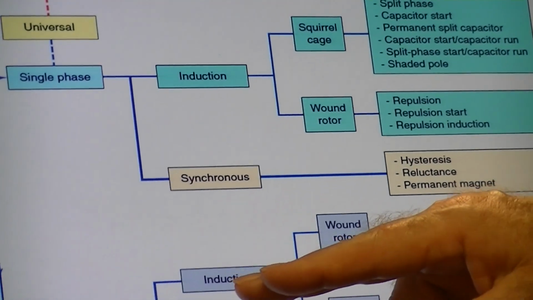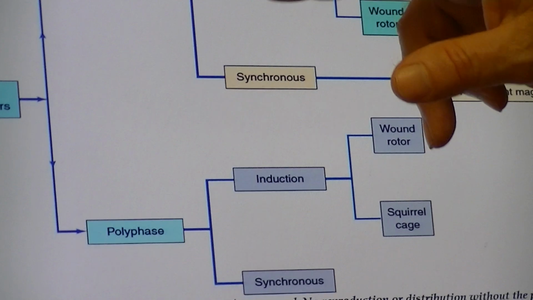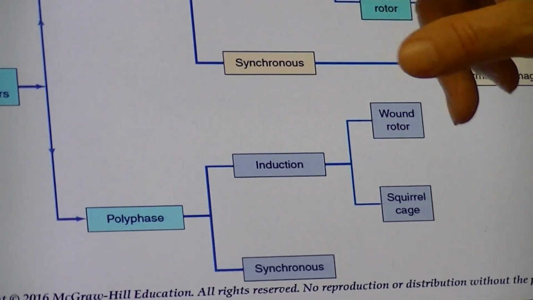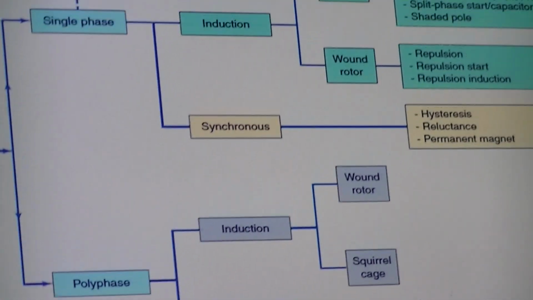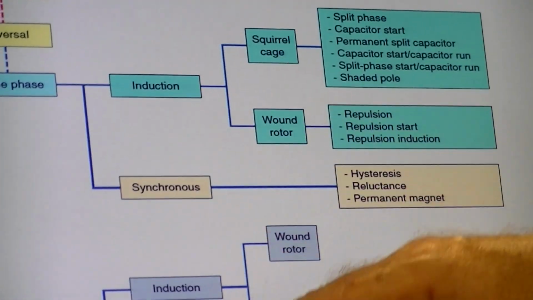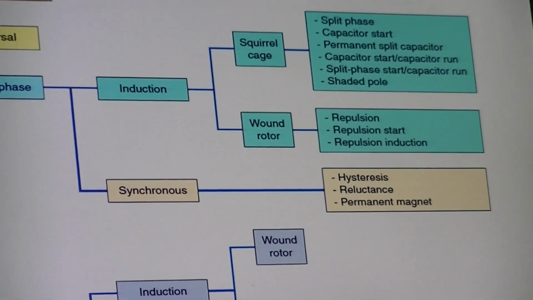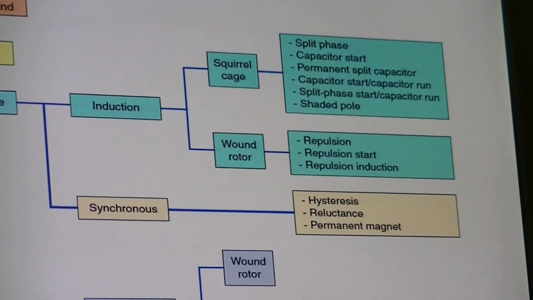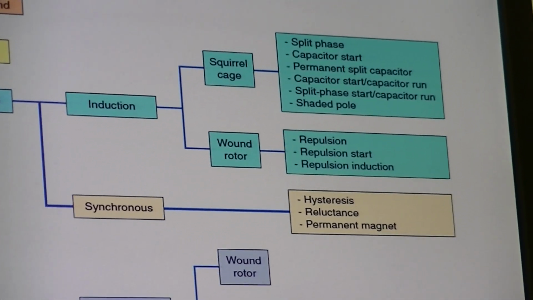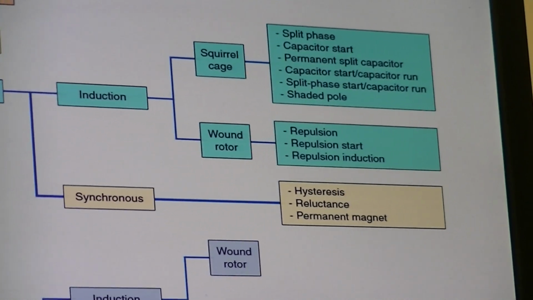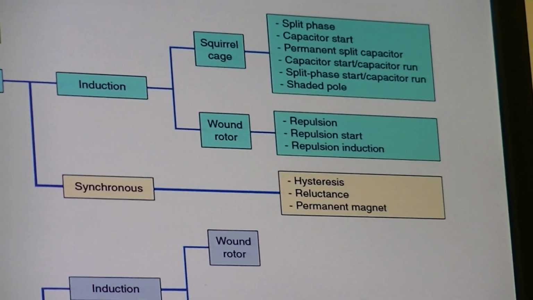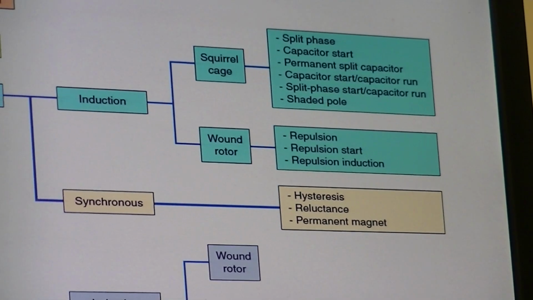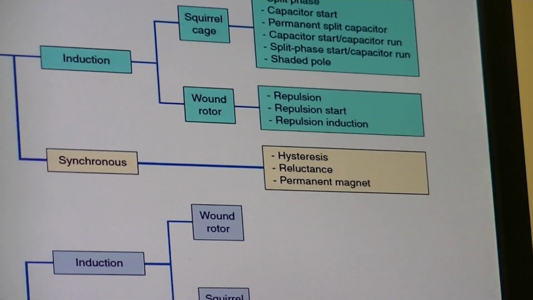So you have single phase and multi-phase induction motors. And think of synchronous as something that has voltage being supplied to the rotating element in there. So typically it has some type of either commutator or slip ring associated with it.